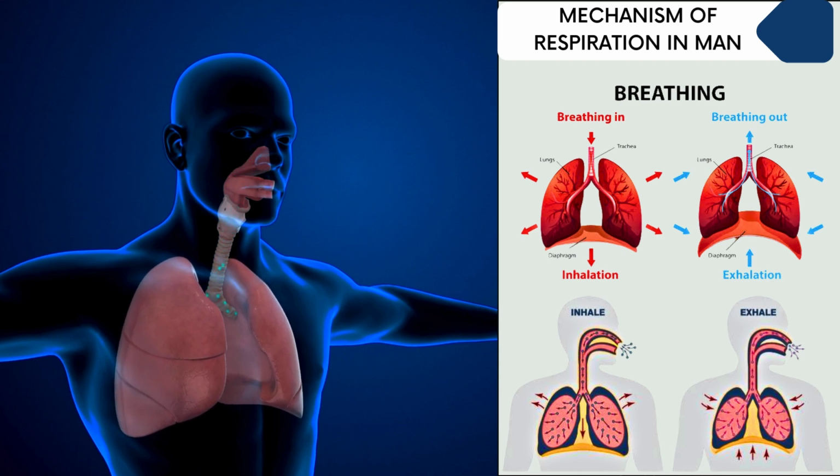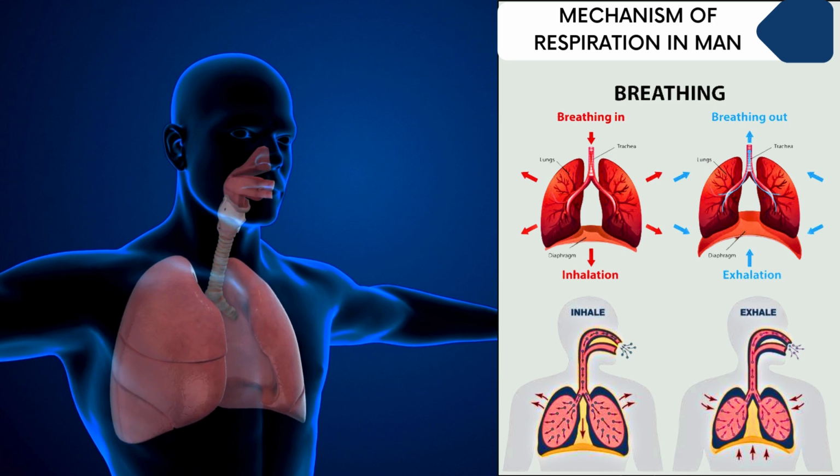This is also called inspiration or inhalation, and the breathing out of air, that is carbon dioxide and water vapor, into the atmosphere or environment, is called expiration or exhalation. So the breathing process consists of inspiration or inhalation followed by expiration or exhalation.